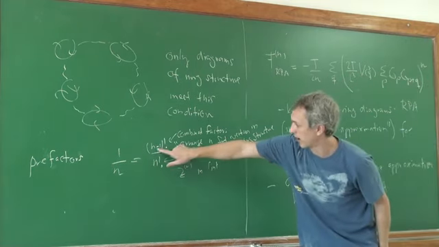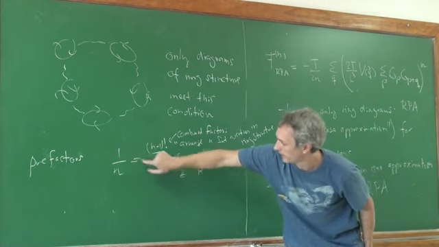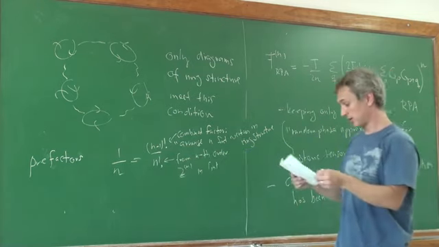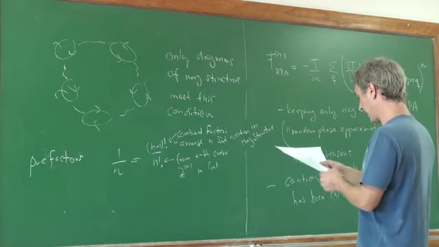So this gives you an n minus 1 factorial combinatorial factor, and the n factorial gives 1 over n. Okay? So this is one thing.